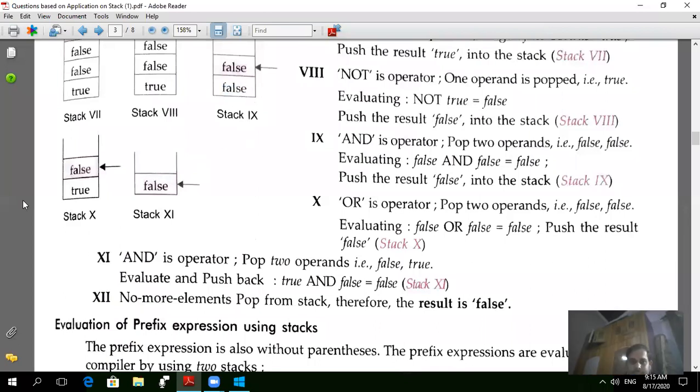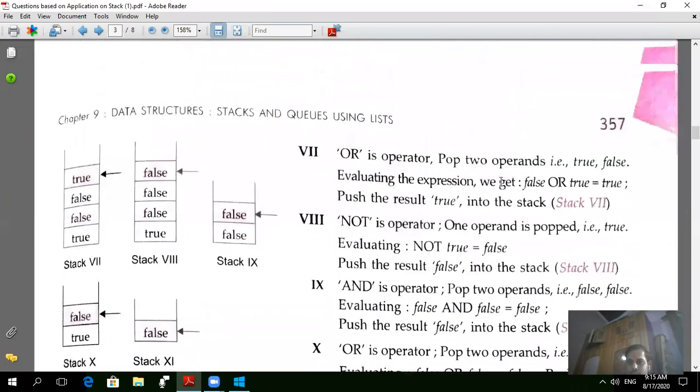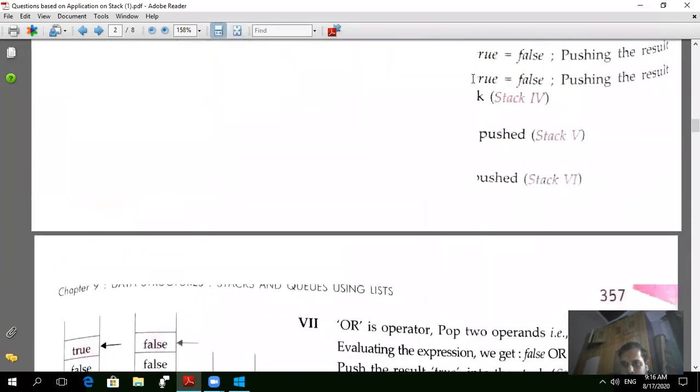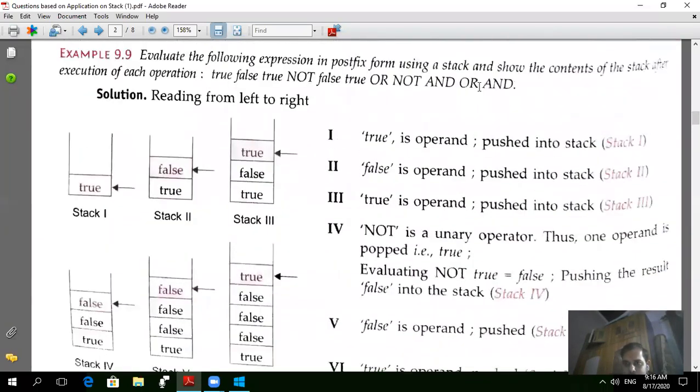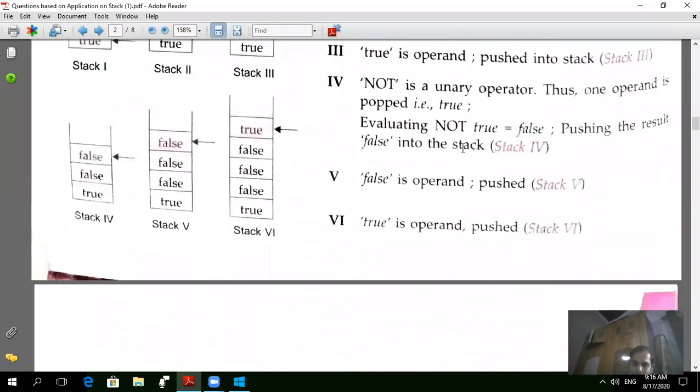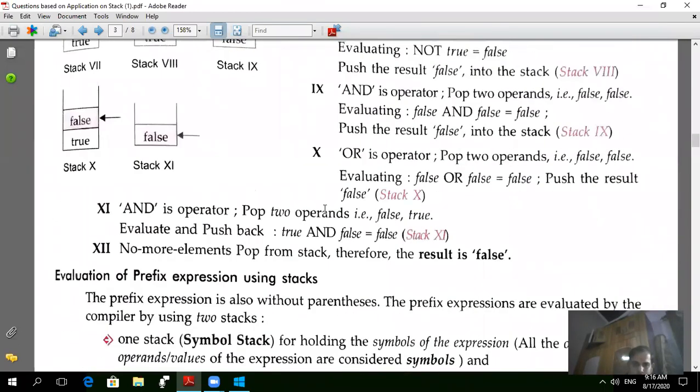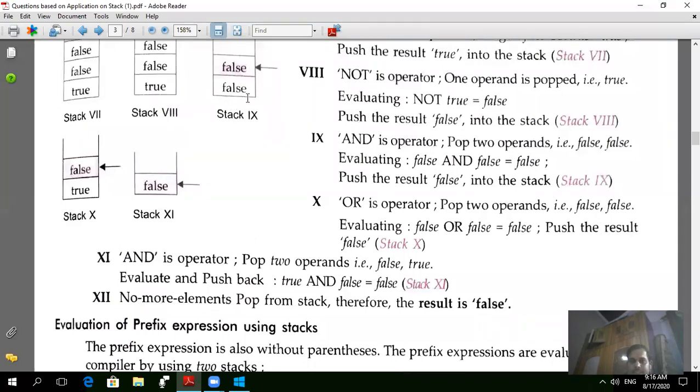Now you have to take these two values, false and true, and perform the and operation. At last the and operation is given. So false and true, the final result is false. So at the last we will get false. This is the answer. So here stack number 9 is wrong. You have to write true instead of this false. Clear?